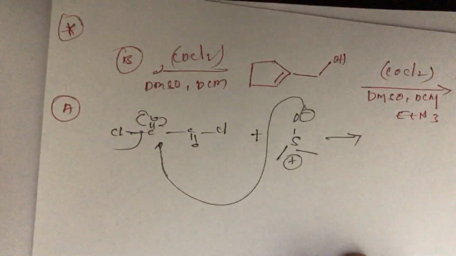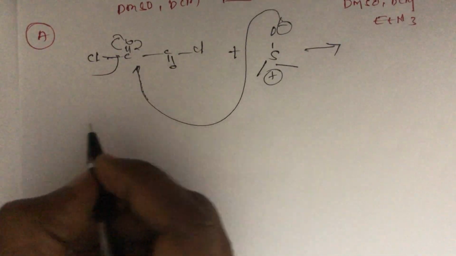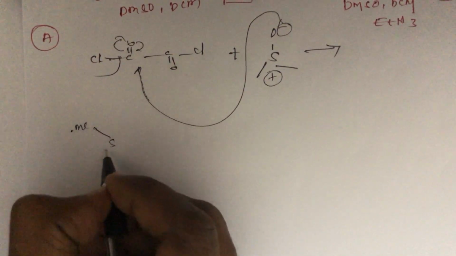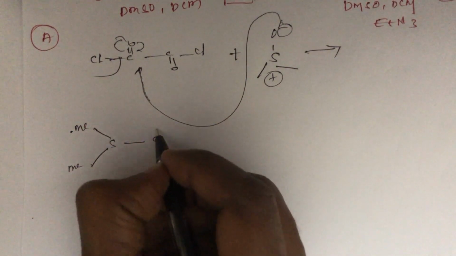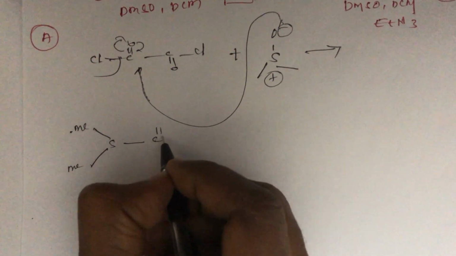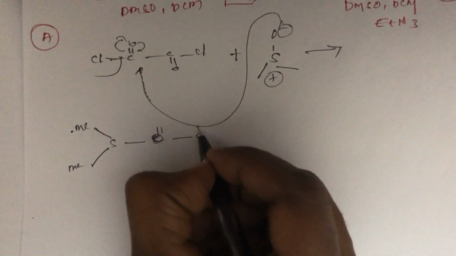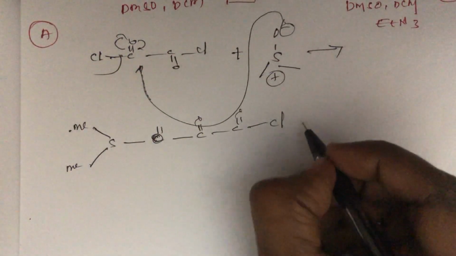You can get Me, Me, and next C double bond O. Here you will get O. Next C double bond O, C double bond O, Cl, right?